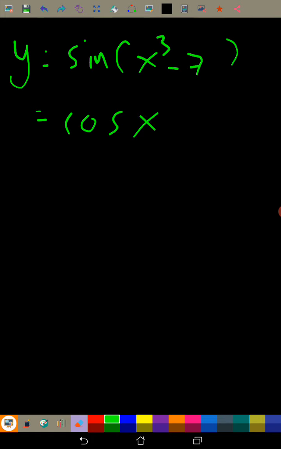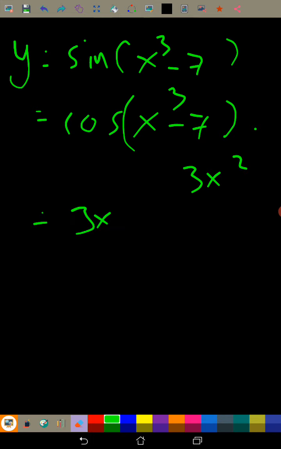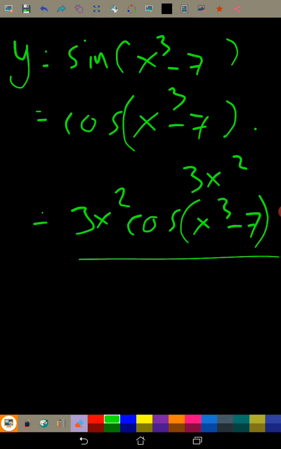It's going to be cos of this times 3x squared. So it's going to be 3x squared cos(x cubed minus 7). So what's the answer for this one? This is also good.